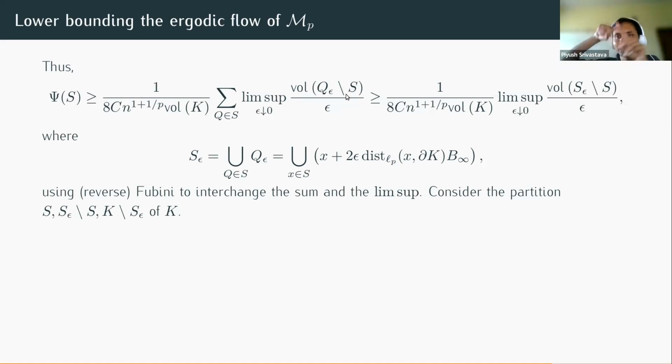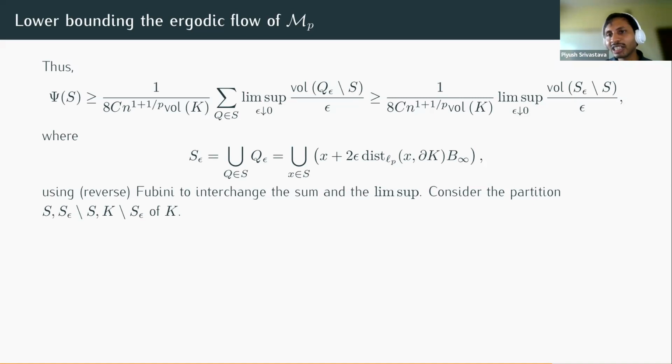Every point is adding a cube around it, of side length proportional to its distance from the boundary. And by just changing integral and limit by reverse Fubini, now instead of Q epsilon I just get S epsilon, because all these Q's were just going over all the cubes. So S epsilon is just the cube.